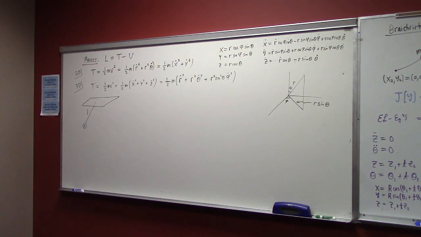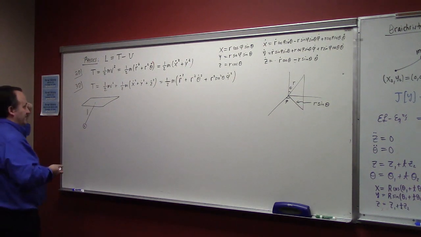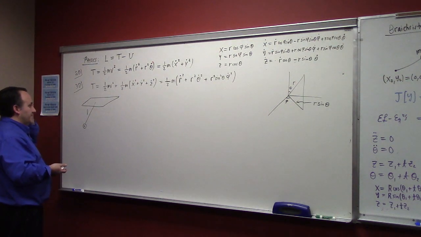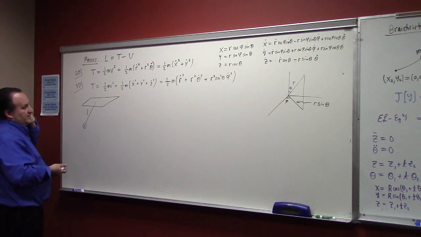This is sometimes called a spherical pendulum. The question is, what would the equations of motion be for a spherical pendulum? Well, there's various ways you could do it, but I guess if we use spherical coordinates, we could do that maybe.